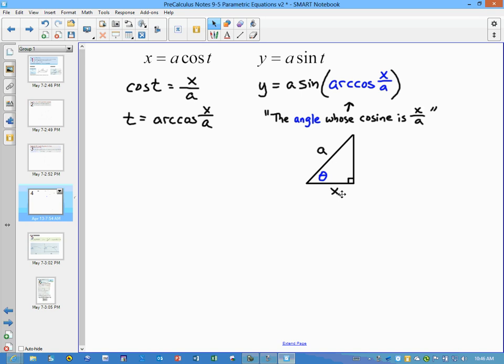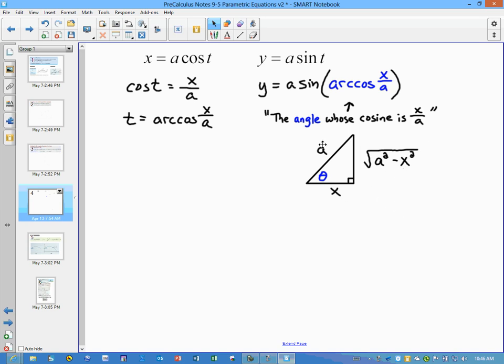So once I know two sides of a triangle, I can always find the third. The leg of a right triangle is going to be the square root of the hypotenuse squared minus the other leg squared. Or in other words, a squared minus x squared, and then take the square root. So once you know two sides of a triangle, you can always find the third with the Pythagorean theorem.